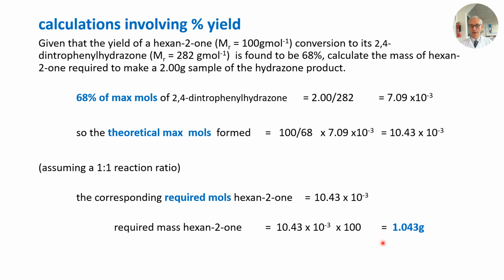And I just convert that into a mass by multiplying by the molar mass of hexane-2-one. So 1.043 grams of hexane-2-one would react to make 2 grams of the hydrazone product, assuming a 68% yield.